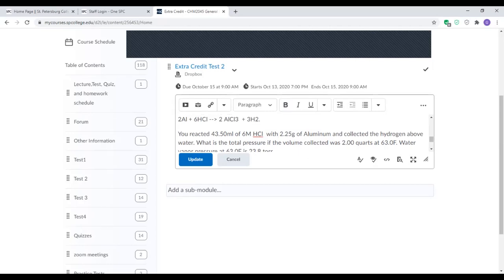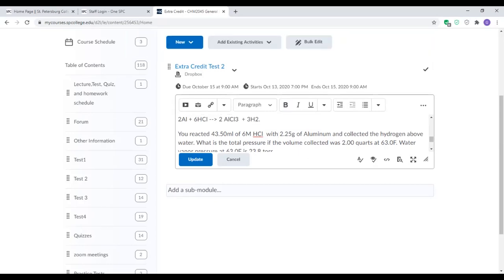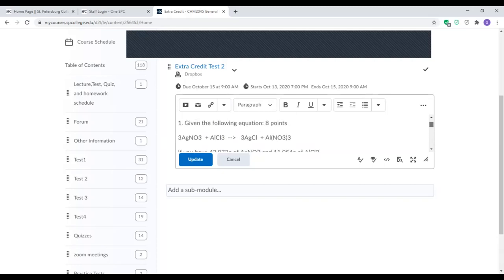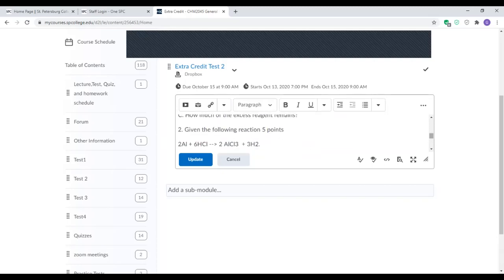That was the other major mistake you made: you took the pressure of the hydrogen, and you subtracted the vapor pressure of water. You've got to add it. So those are the 2 extra credit questions, because those are the 2 areas that I thought you had the most problems on.